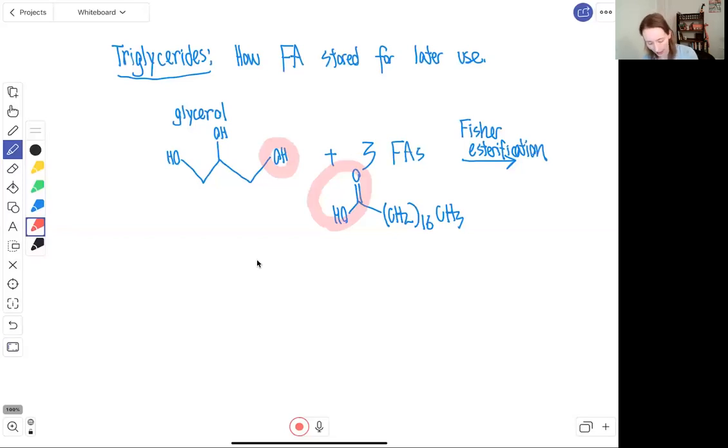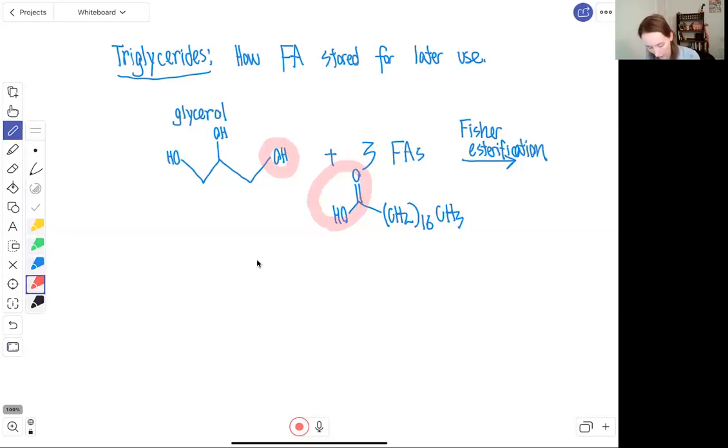And so due to the fact that glycerol has 3 alcohol groups, that's why it can react with 3 fatty acids, because each of the 3 fatty acids can link to each of the 3 different alcohol groups to give 3 ester groups present in the triglyceride, hence the tri part of that name.